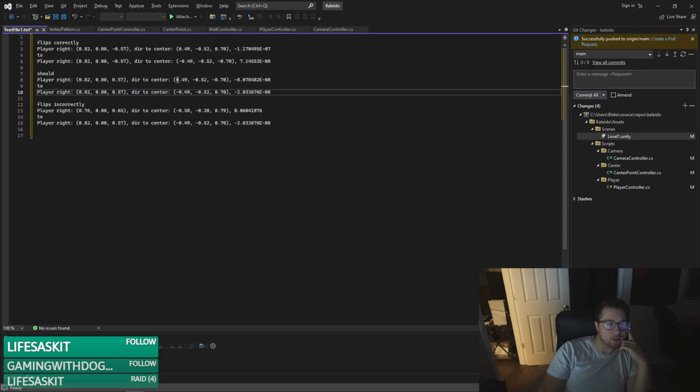This flips in the same direction. And then these are the same. Yeah, I think we just need to rethink how we're doing this.